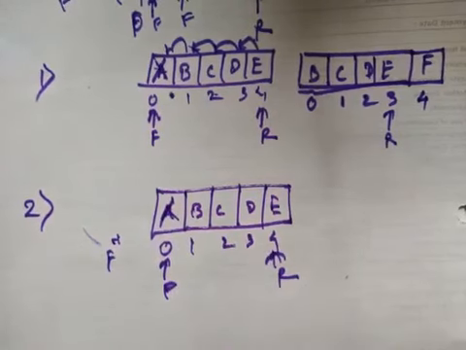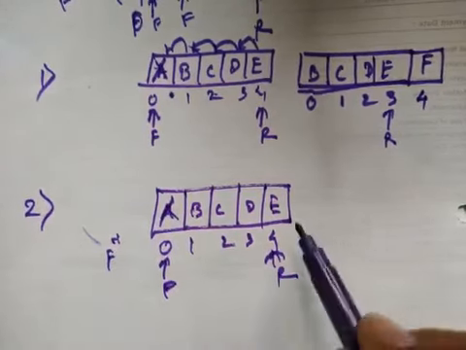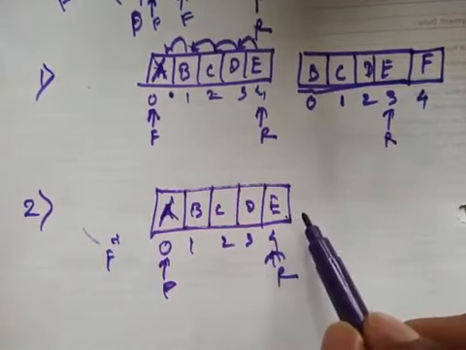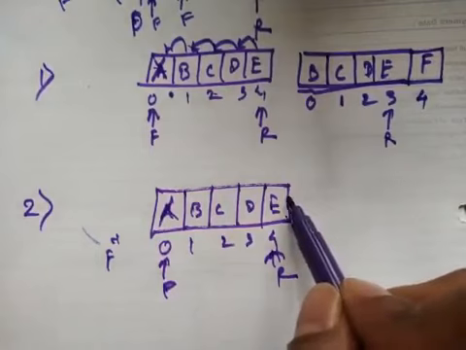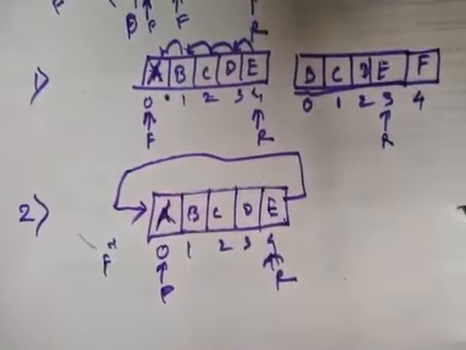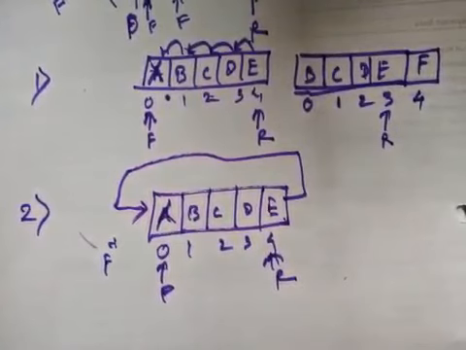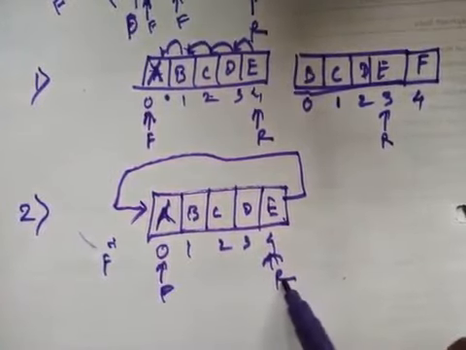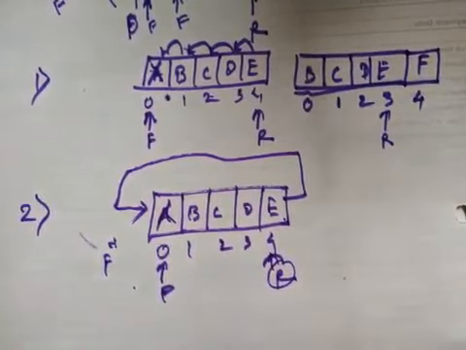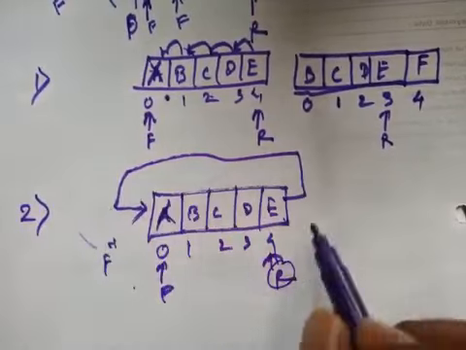Now whenever the rear of your queue reaches the maximum size of your queue, we insert the element at the first position, the 0th location. We shift our rear position to index 0. So this will become a circular queue.